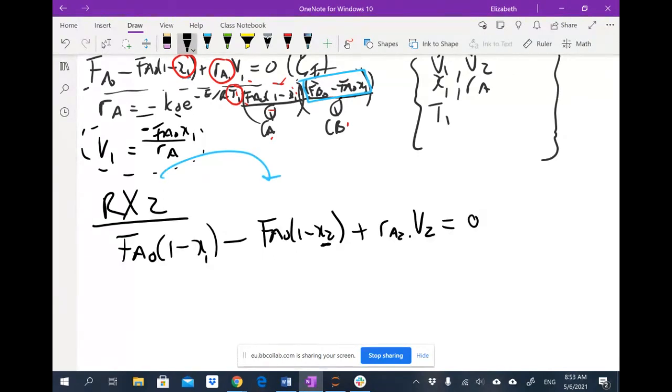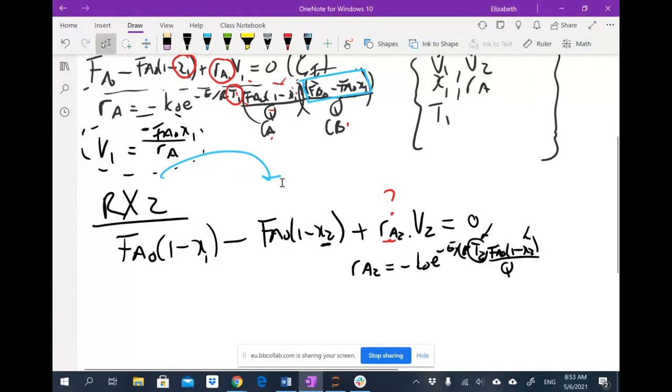There we go. So is the rate here an unknown? Think about that, and the answer is in fact that it is not. So my rate equation in reactor 2 I can calculate because I know my temperature in reactor 2 is that maximum temperature, and I know the concentration because it's associated with that overall conversion x2.